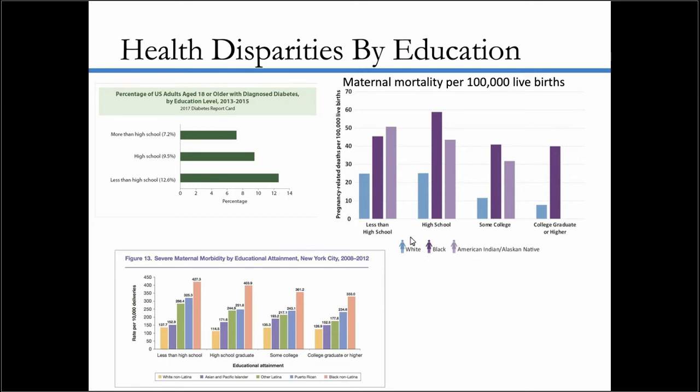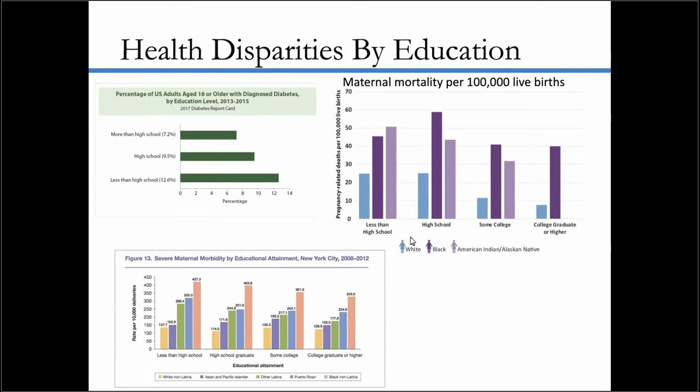And across education levels, these disparities exist. It's not just the fact that getting an education is going to improve a person's health outcomes, but sometimes there are other factors that are playing a role.